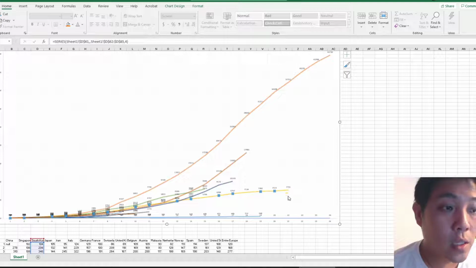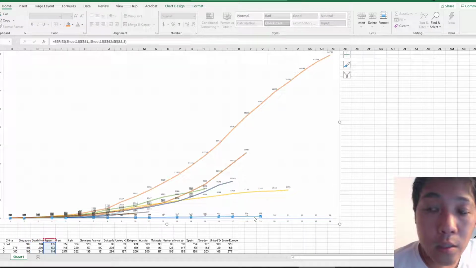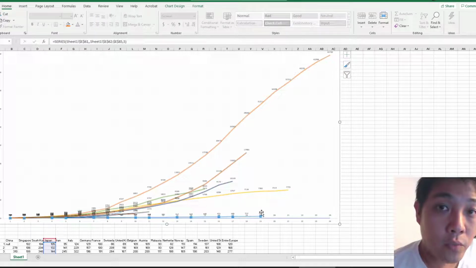They are on day 21, but as you can see, they really control the situation. It's actually normalizing, so that's very good. This lower blue line is Japan. So Japan really controlled the situation really well. I believe, if their numbers are to be believed, things are really in control in Japan.